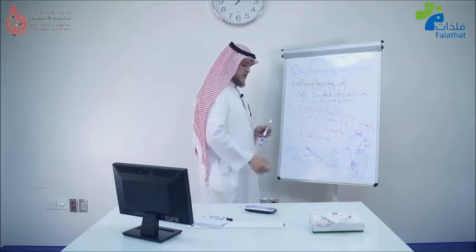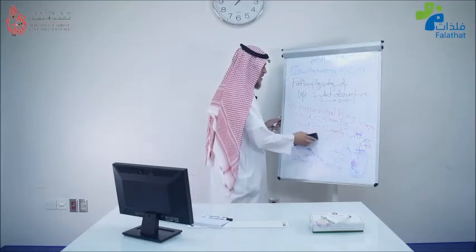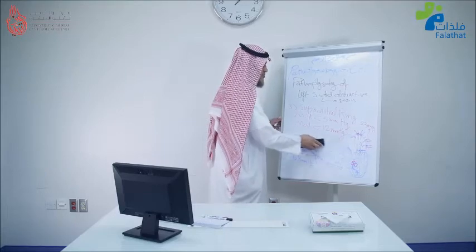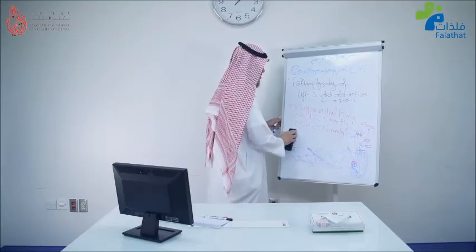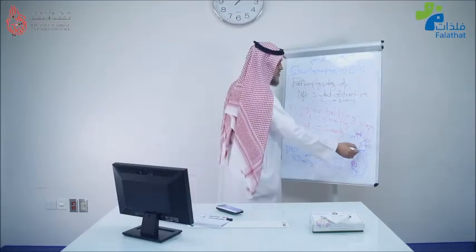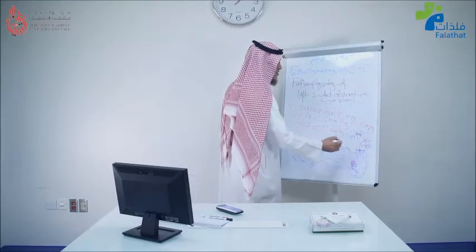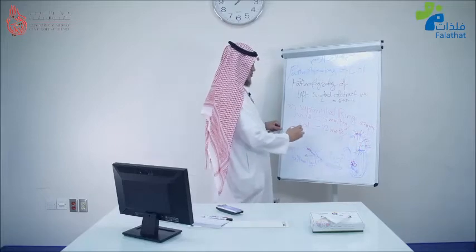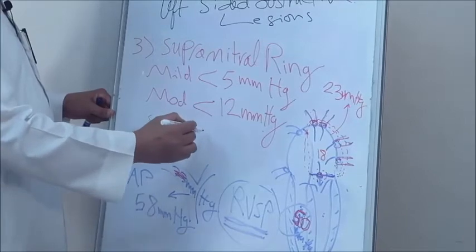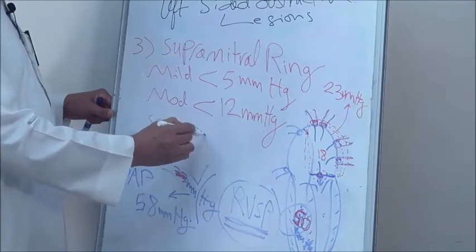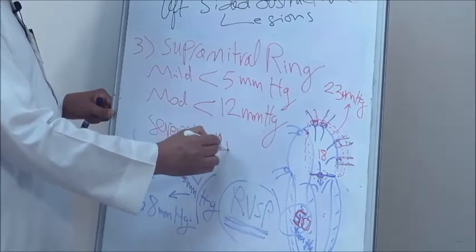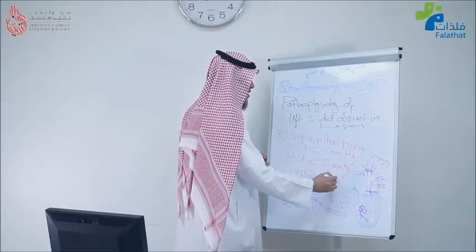If it goes to severe obstruction, then it's easier for me to talk because I've taken my time in the pulmonary venous obstruction part, talking in more detail. Now this is a severe obstruction, the supramitral ring, which means if it's severe, we have a mean gradient of more than 12 millimeter mercury.